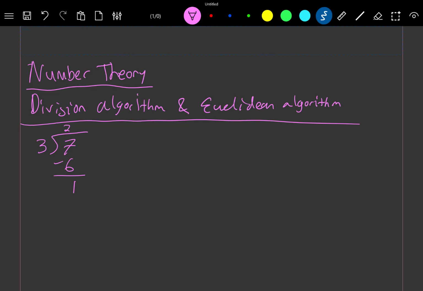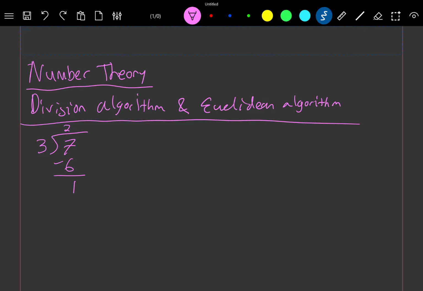Later on we said you could take this 1, and this is a repeating decimal, 2.333 repeating. But that's not what we want. That's what we did when we learned decimals. But before that, we would say 7 divided by 3 is 2 with remainder 1.